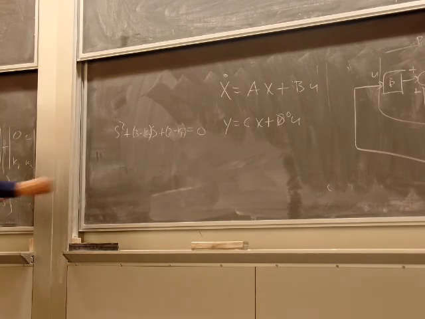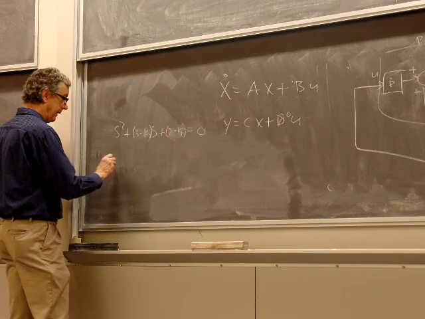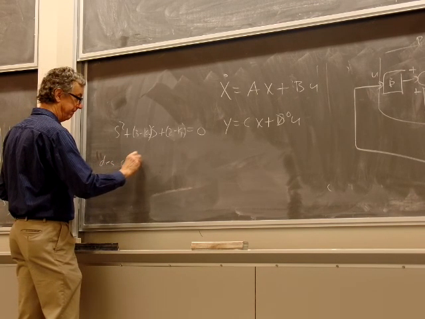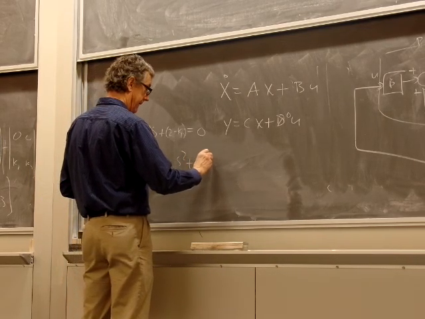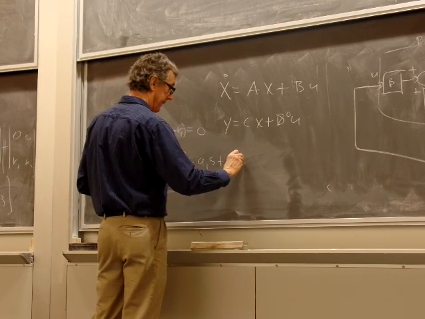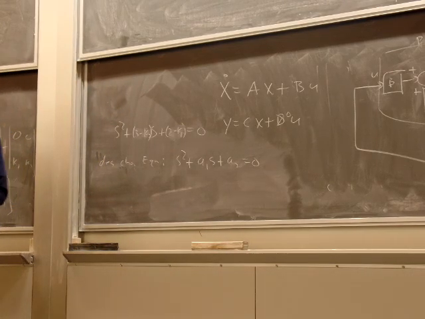Now let's say we have some desired characteristic equation. How do I get K1 and K2?